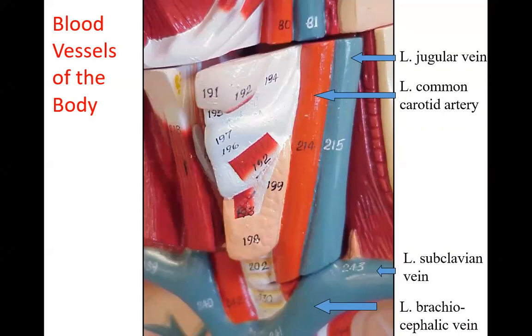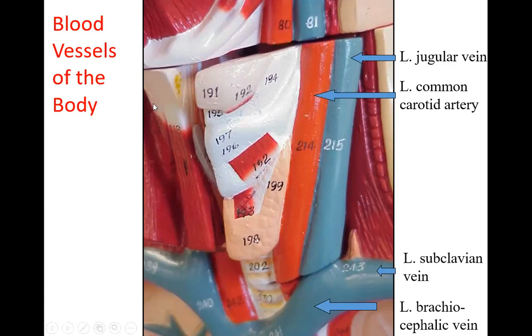It'll split right in your neck where you can feel your carotid pulse. If you come straight down from your earlobes, right below your mandible, you'll feel your carotid pulse. That's the carotid sinus, and the carotid artery there splits into an internal and an external. So we have a left common carotid and a right common carotid. Both of them are going to split into internal and external.